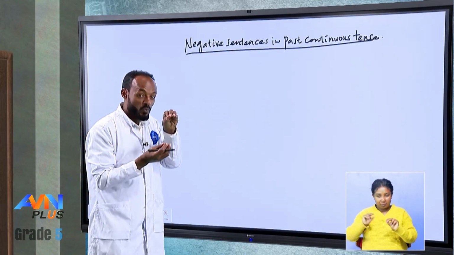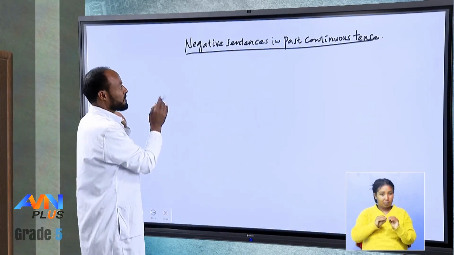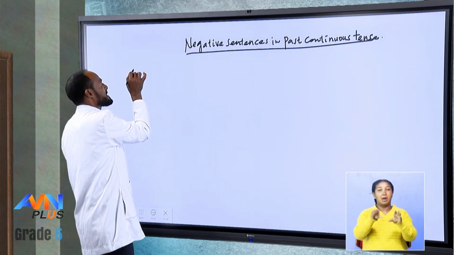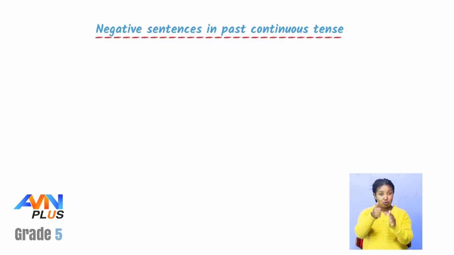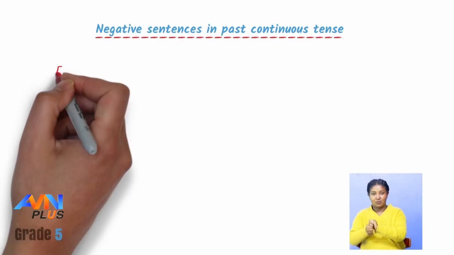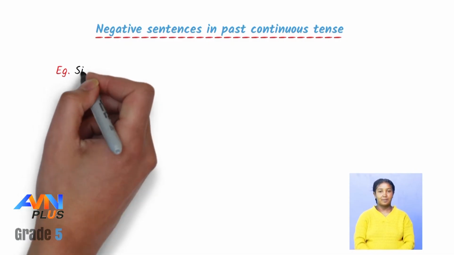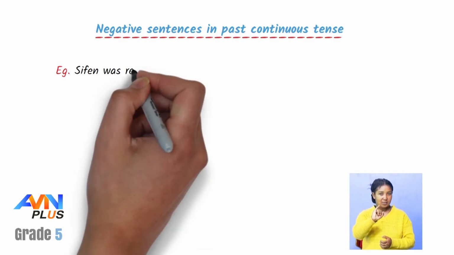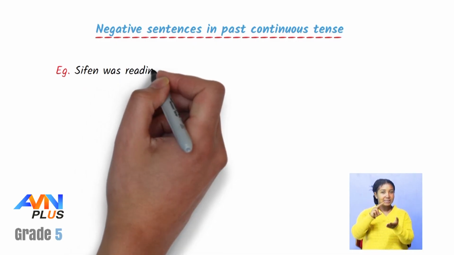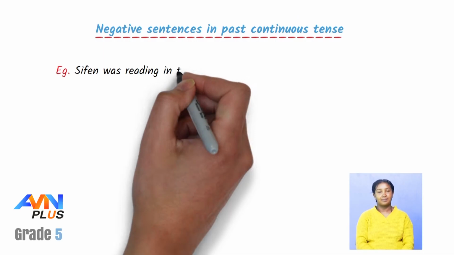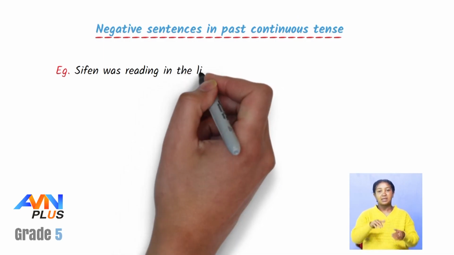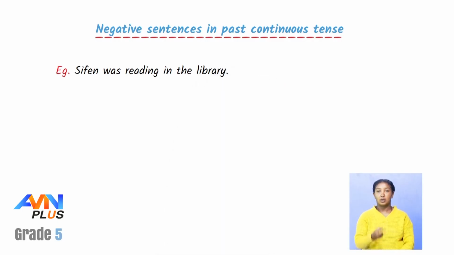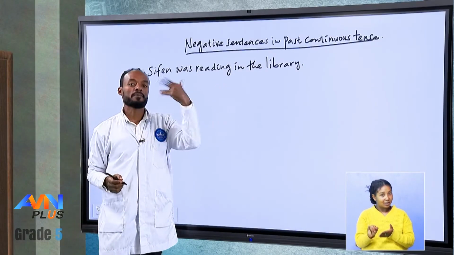We have to put the word not in the sentence. For example, to make it clear, let me give you an example which is positive, then we can change it into negative. We can say here, Stephen was reading in the library.